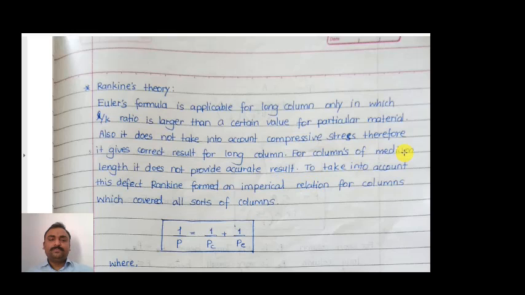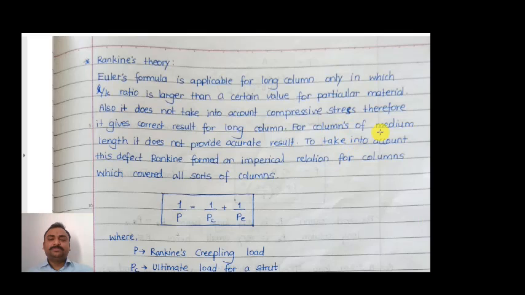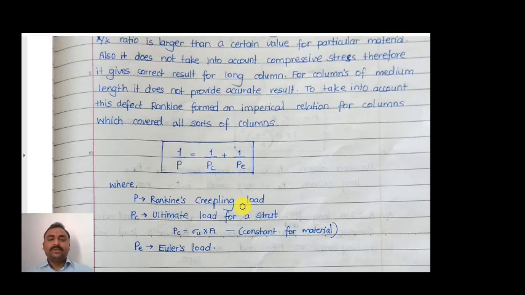So the critical load can be determined by using this formula: 1 by P is equal to 1 by PC plus 1 by PE, where P is Rankine's crippling load, the load at which the short column will crush.